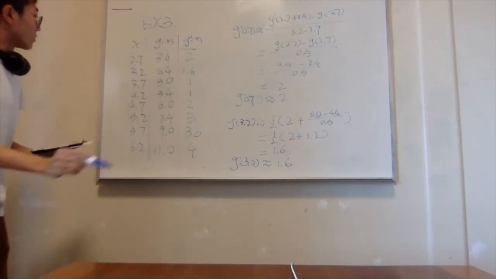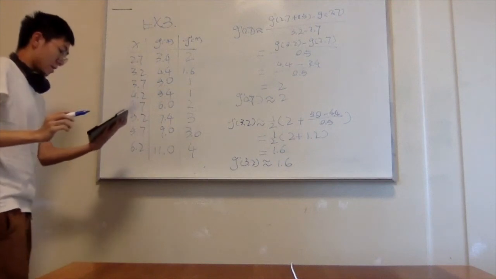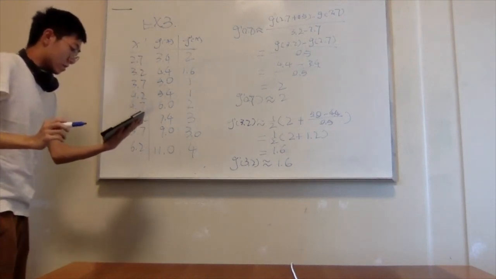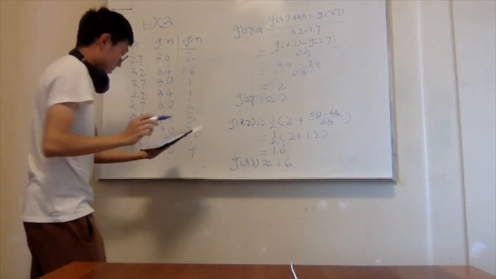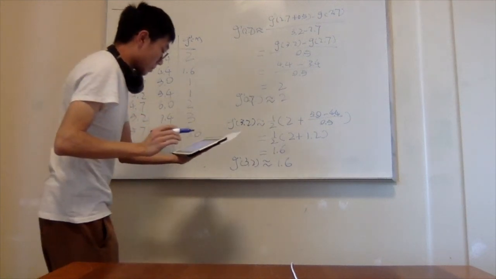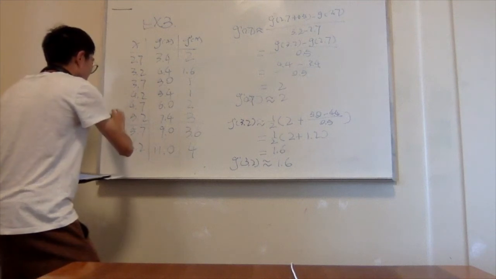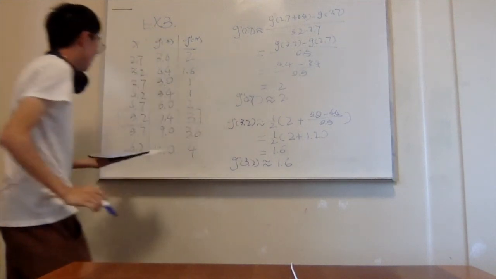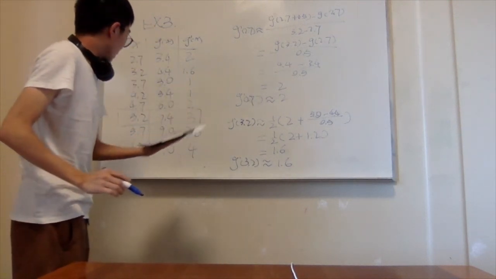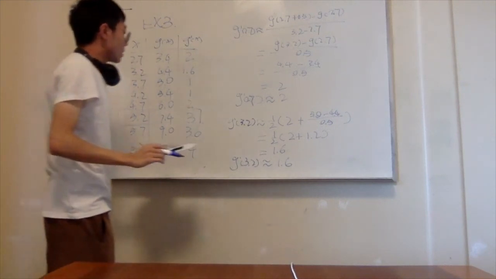Okay, then we found that the g prime of x that appears closest to 3 is right here. So the value of x should be 5.2.